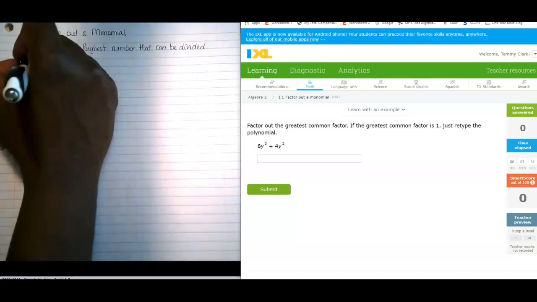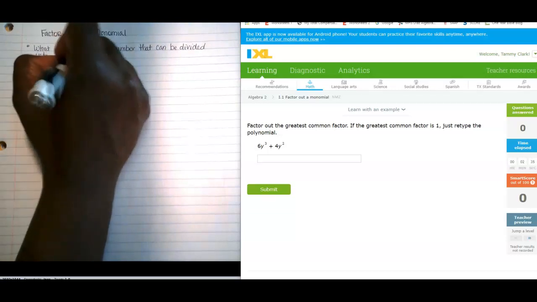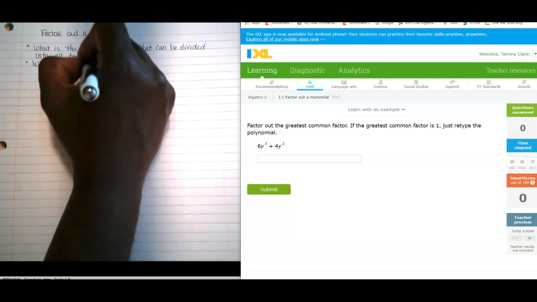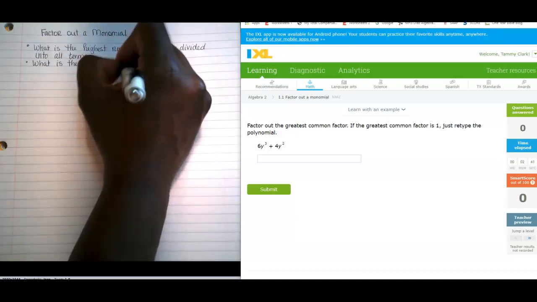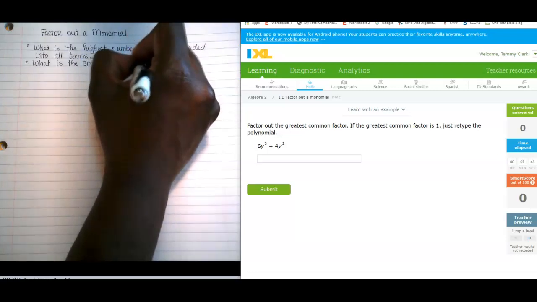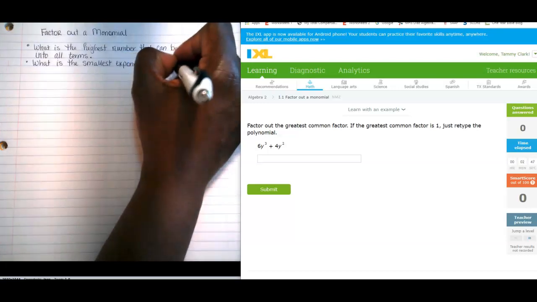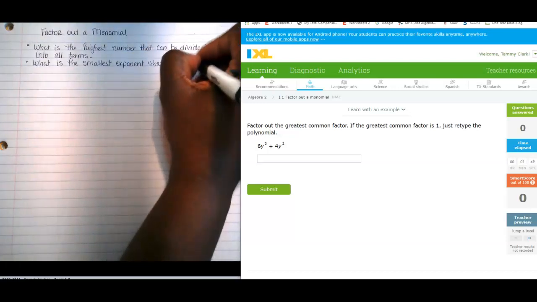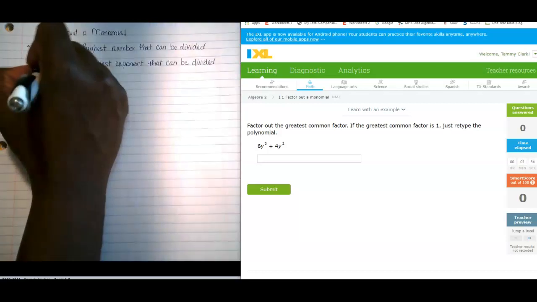Also think about what is the smallest exponent that can be divided from all terms.